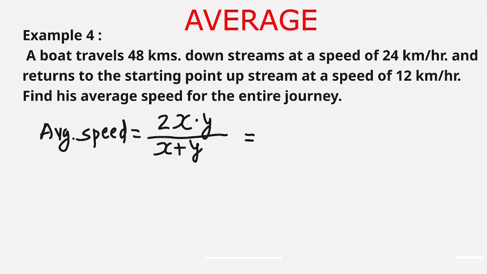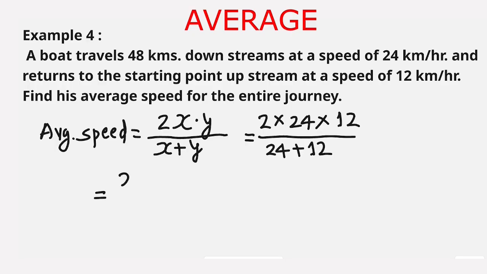So this is equal to 2 multiplied by 24 multiplied by 12 divided by 24 plus 12. This is equal to 2 multiplied by 24 multiplied by 12 divided by 36.